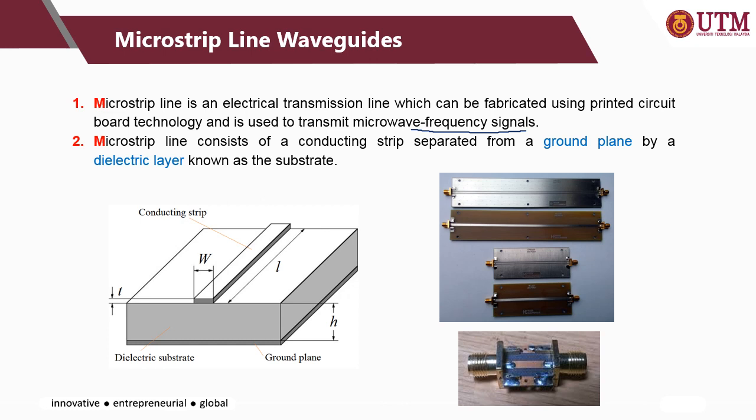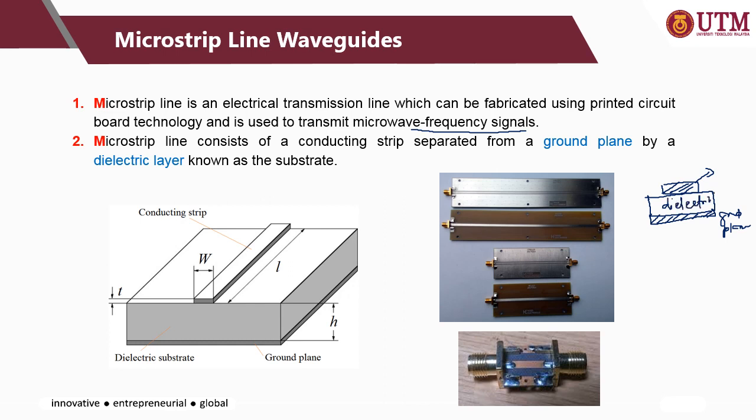What does it mean? This is the microstrip line. It is separated by a dielectric material and backed with a ground plane. So you have a ground plane here, and here is your microstrip line, and this is the dielectric material.